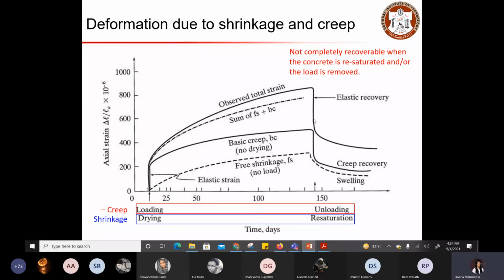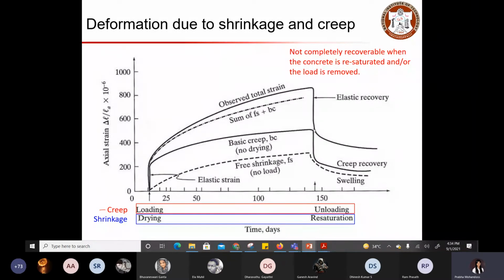Once you remove the loading conditions, or when you wet the concrete surface to get the moisture back into your concrete, you observe a certain type of recovery. That is called elastic recovery. Only the elastic part will get recovered, and the remaining deformation will stay as such. That is why this is not completely brought down.